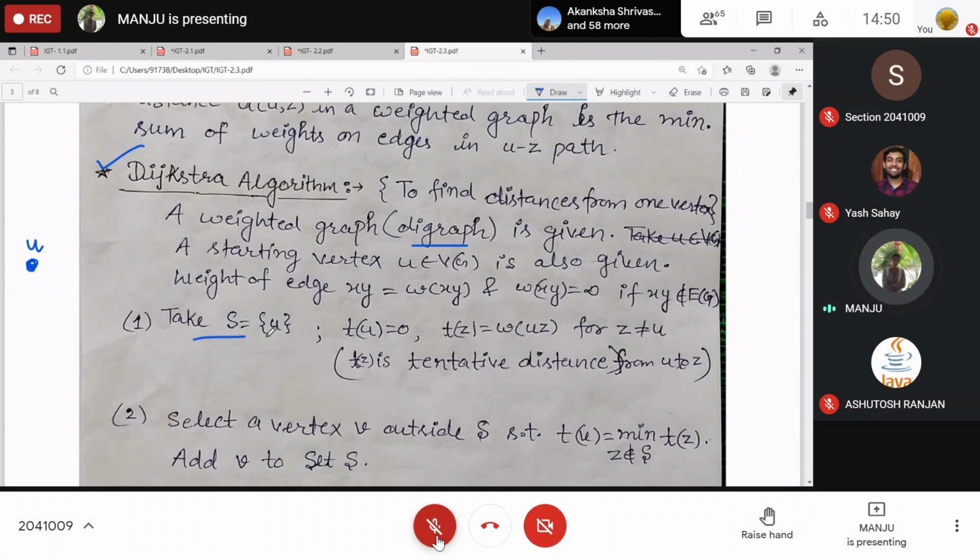So start with this u, a set that contains u, and take all the distances. Tz denotes the tentative distance from u to z. z is a variable. So for example, t to v1, u to v1, t v1, u to v2. This is given as 2. This is given as 3. This is v4. This is your v3.